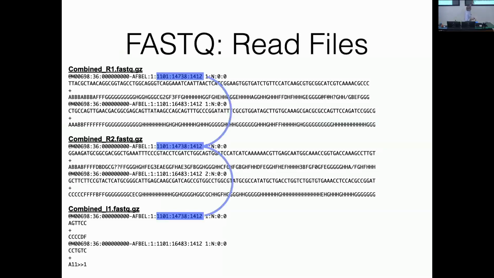But basically you can see here, this index barcode is AGTTCC. This one is CCTGTC. You have a table that says this is from sample 3 and this is from sample 12. And so this pair of reads is going to go into the sample 3 file.